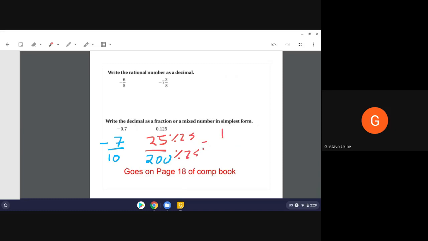So this would be a 1 over, and then 200 divided by 25 should be 8. 8 times 2, 16, plus 4 is 20. So your answer will be 1 over 8. All right, so just be careful about what you divide it by.